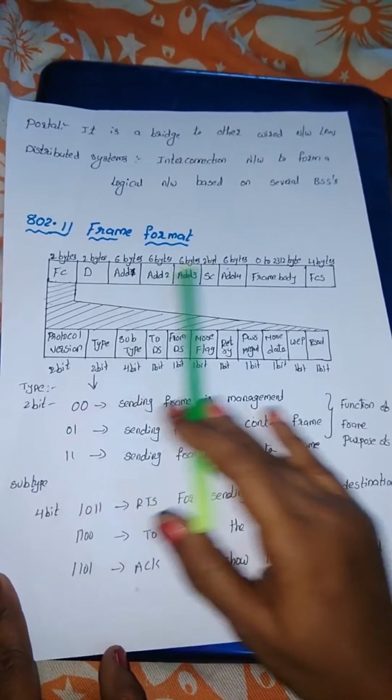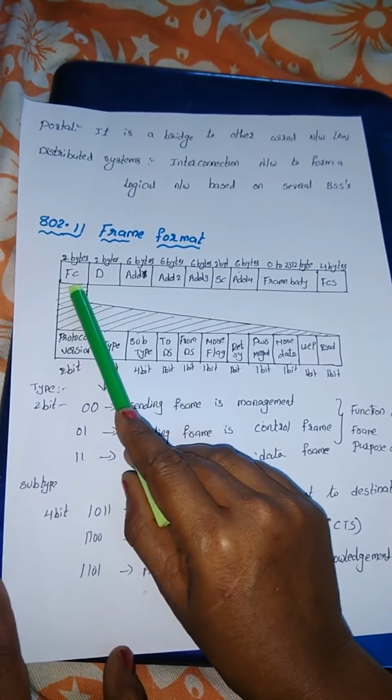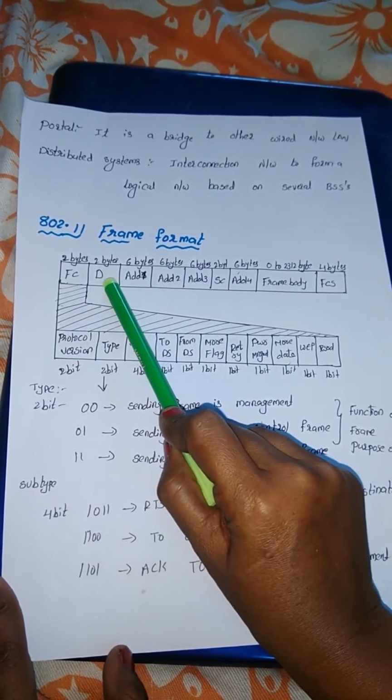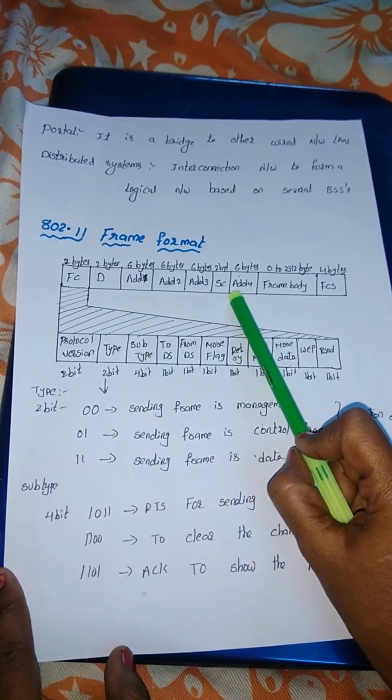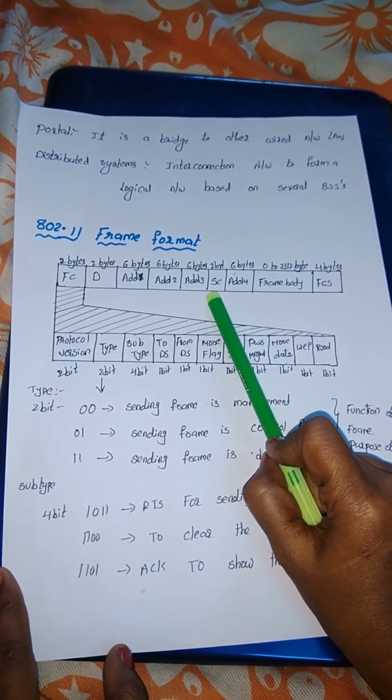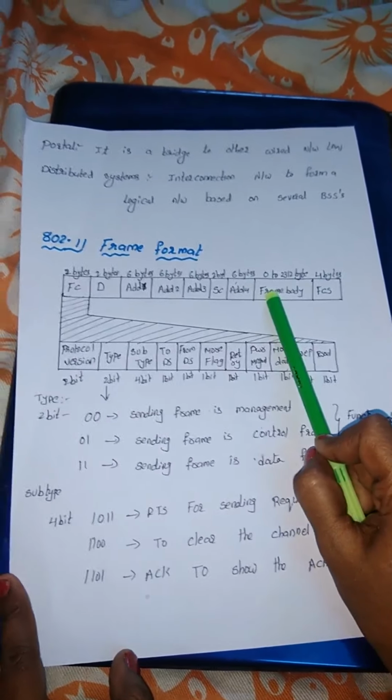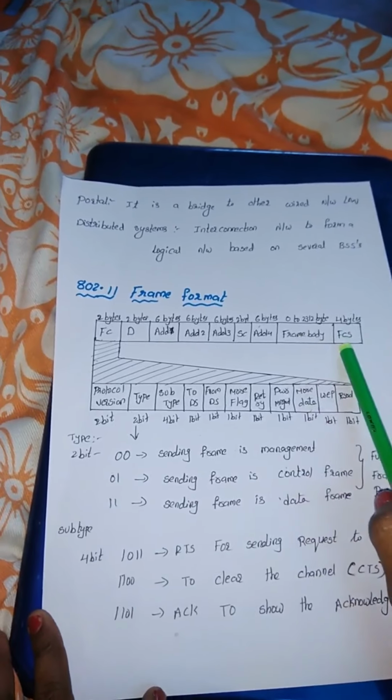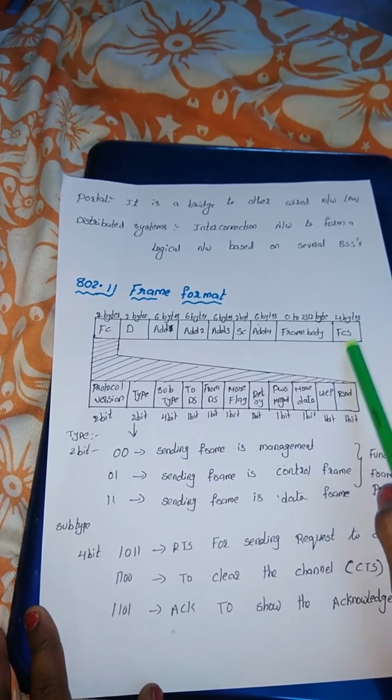Actually the frame contains 9 fields: the first is frame control, the second is duration, then 4 addresses, SC which stands for sequence control, the frame body, that is the data, and the last is FCS, the frame check sequence.